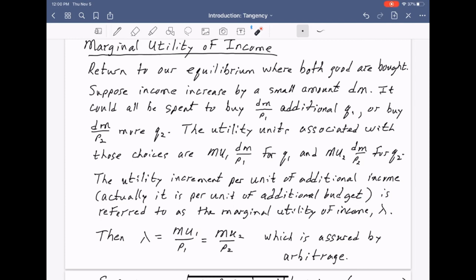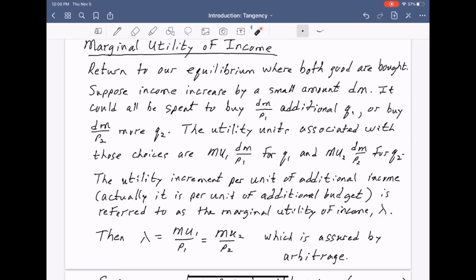Sometimes we confuse that, and your textbook does the same, and I'll do that the same throughout, because we refer to this marginal utility of income using the notation lambda. So lambda is referred to as the marginal utility of income. But lambda plays another role here because we're going to be using it once we talk about the Lagrangian. Then lambda is referred to as the Lagrange multiplier, and in certain circumstances it is the marginal utility of income.